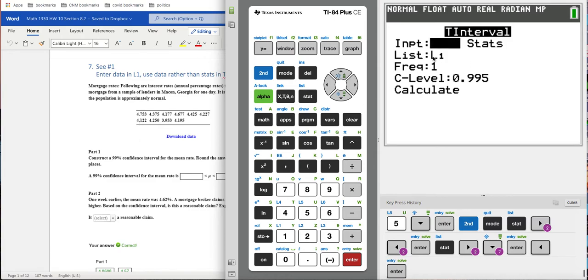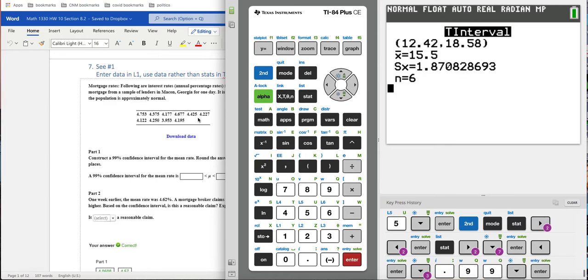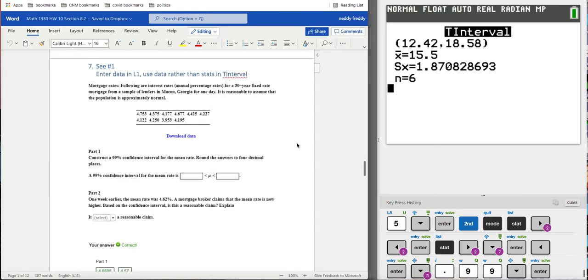So at this point, all we have to enter is L1, which will probably already be there, keep the frequency at 1, and enter in the confidence level of whatever you're given, in this case 0.99, and calculate. So that's the only difference here, is one fewer number to enter because you're not given a population standard deviation to use.